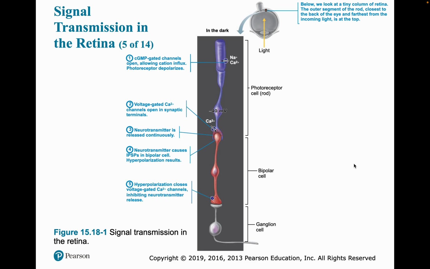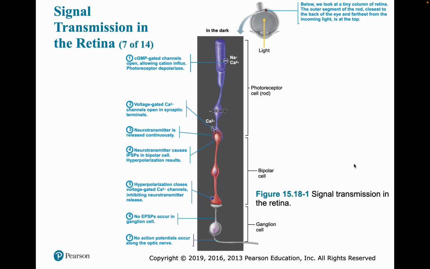And the hyperpolarization closes the voltage-gated calcium channels, which inhibits the release of neurotransmitter, and the neurotransmitter inhibition causes excitement in the ganglion cell.